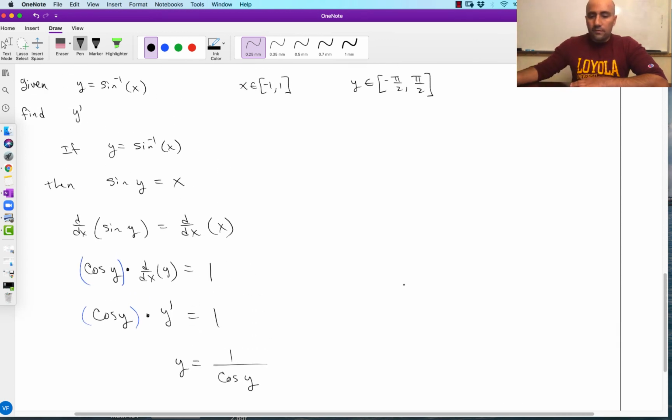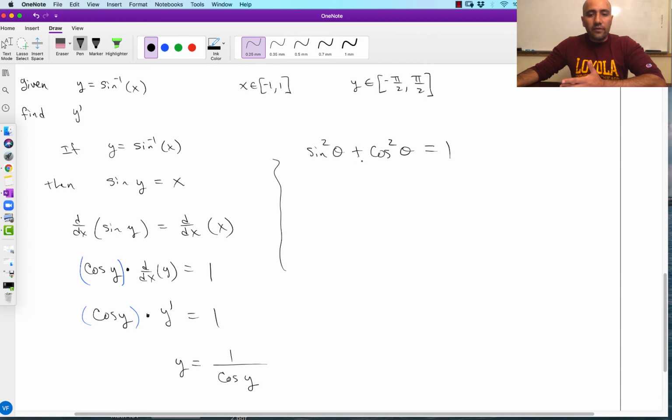So let me, on the side here, recall one of our most useful identities in trig: sine squared theta plus cosine squared theta equals 1. And theta is just a dummy variable. It could be anything. I could write the same thing as sine squared x plus cosine squared x equals 1.